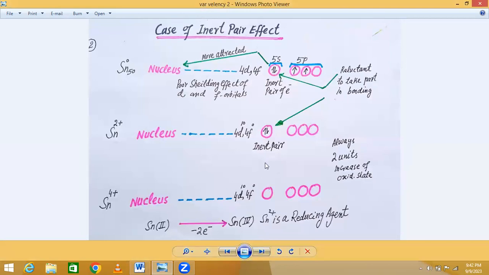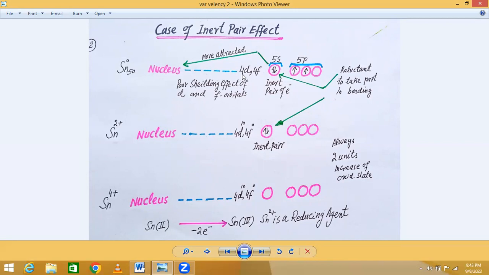Now, in order to show the variable valency due to the effect of the inert pair of electrons in the outermost shell of the atoms of different elements, let us take the example of tin, atomic number 50. So here you can see the nucleus, and we are going outward from the nucleus.